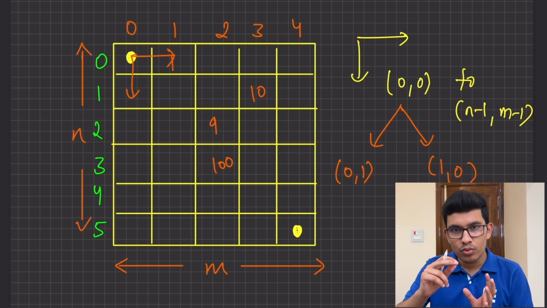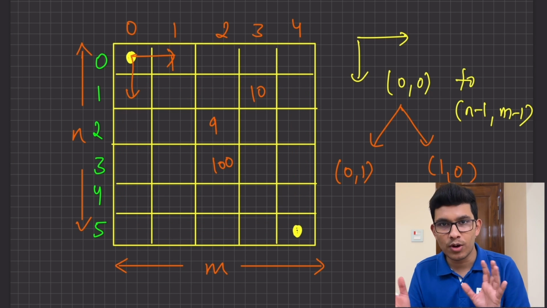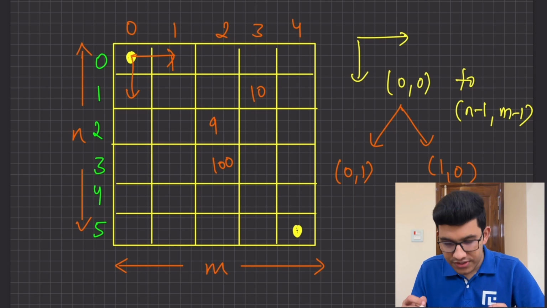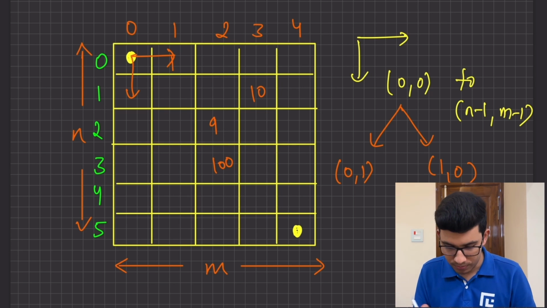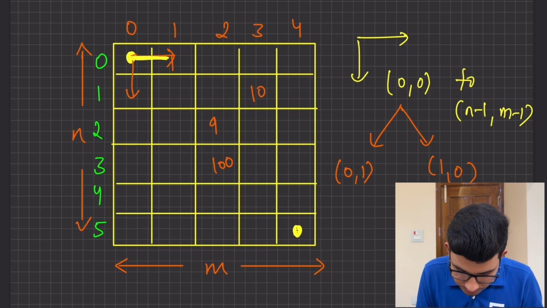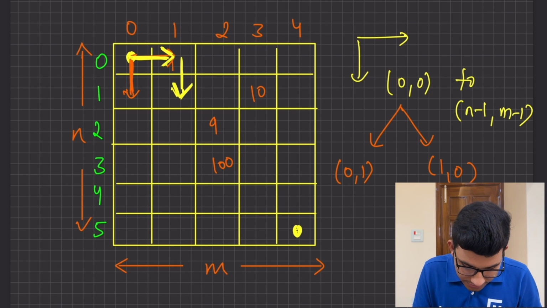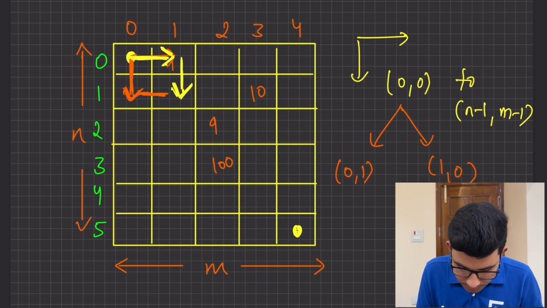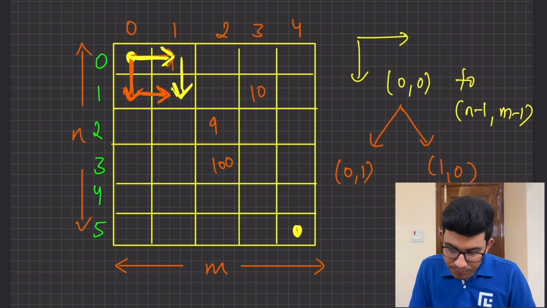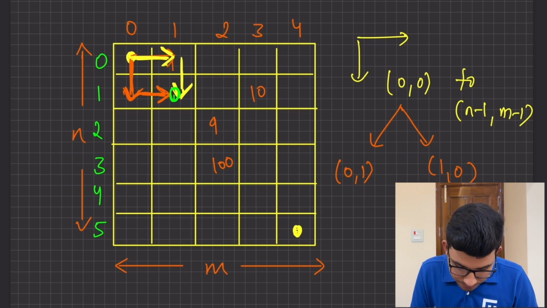And similarly, if you try to look at the overlapping sub-problem idea here, there are two paths which will have the exact same sub-problem. Let's suppose you went from here, this yellow one, and then you came here, okay? This is one of the paths that you could take. Let's suppose you took another path, this orange one, you went down first and then you came here, right? Now look at the problem starting from this cell, this green cell.